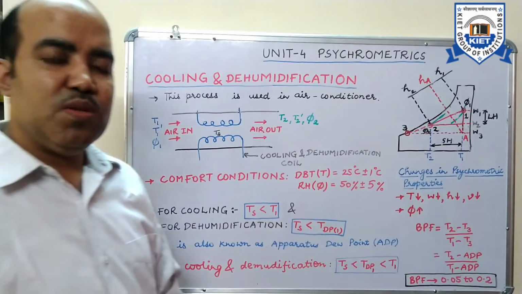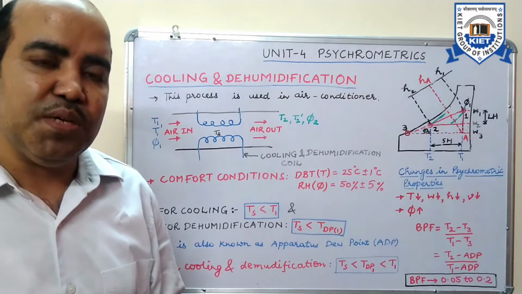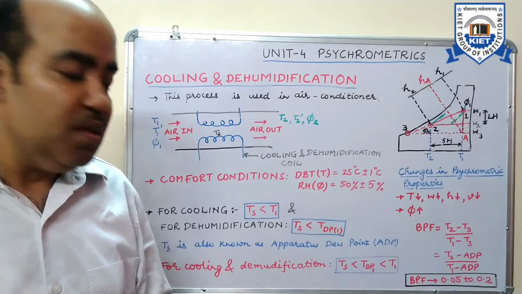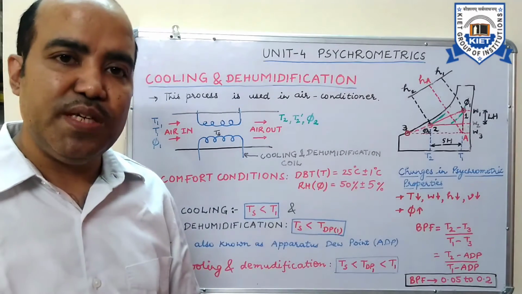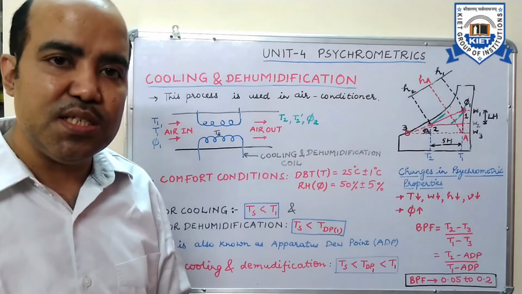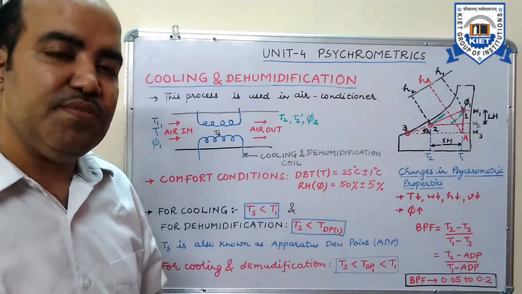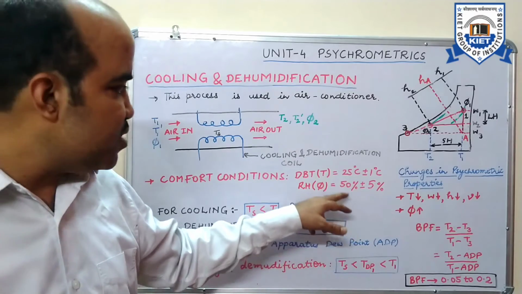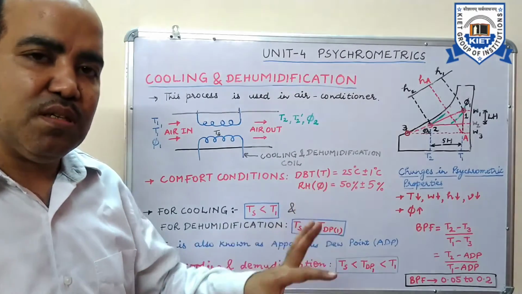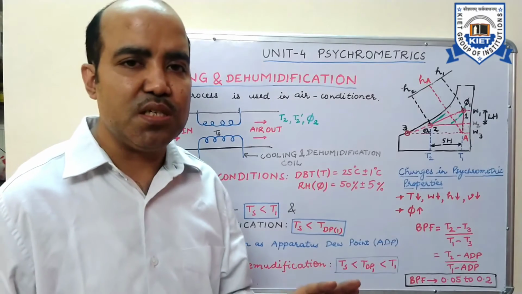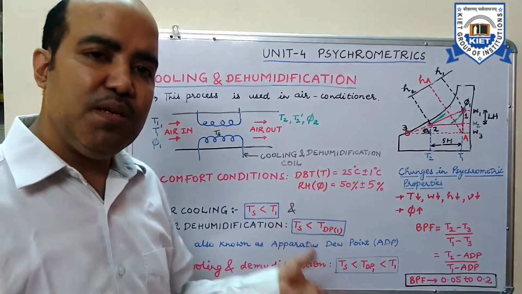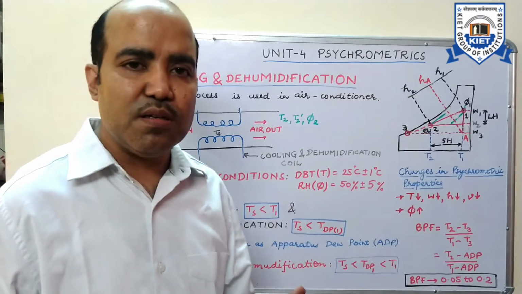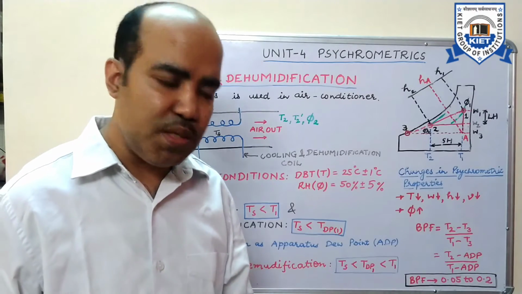Now the comfort condition for the human being, at which most of the people feel comfortable, is dry bulb temperature equal to 25 degree Celsius plus minus 1 degree Celsius, and relative humidity phi, which varies between 50% plus minus 5%, that is 45% to 55%, at which the human being feels the most comfortable. Similarly, the temperature variation is from 24 to 26 degree Celsius, where the human being feels the most comfortable.